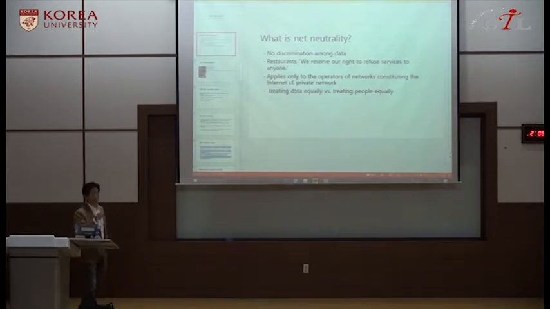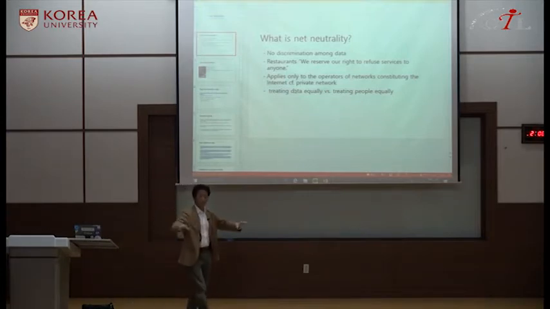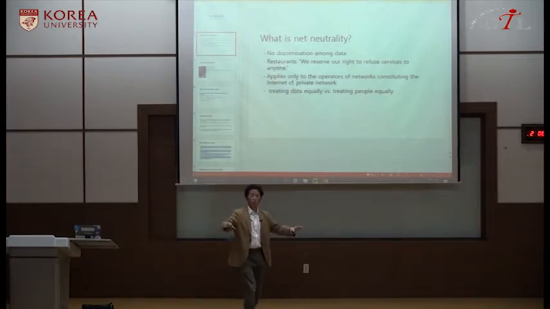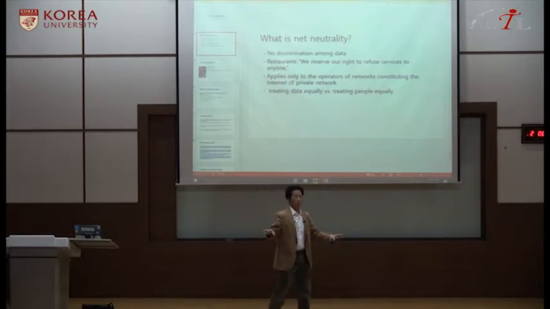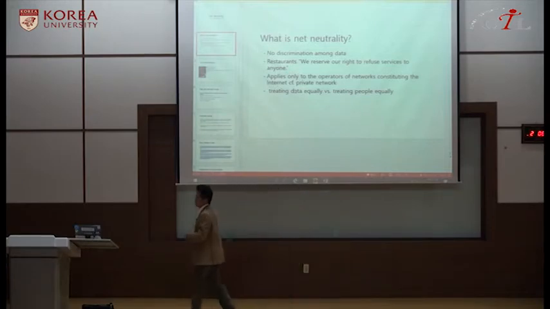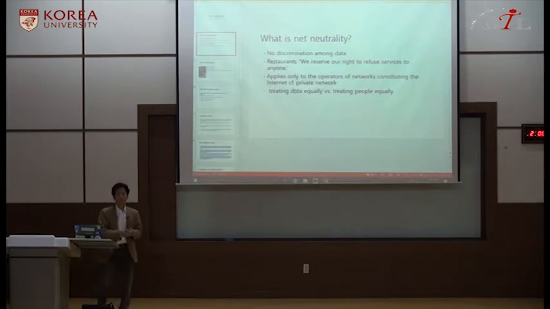But the network operators, the ones providing the physical link between the computers, are prohibited from picking and choosing their customers or favoring or disfavoring certain customers as opposed to the other.